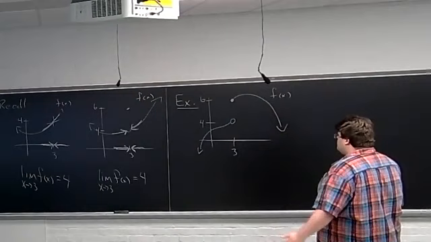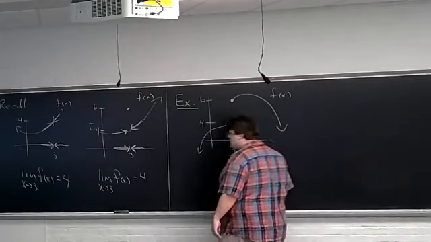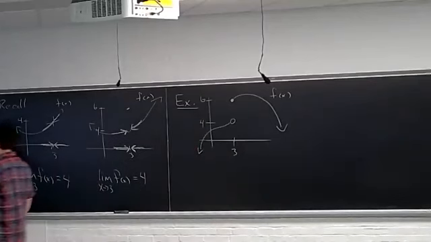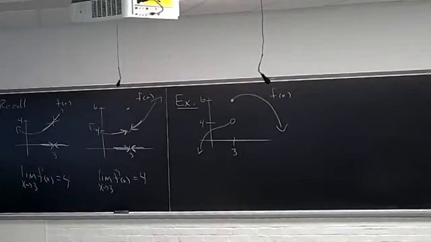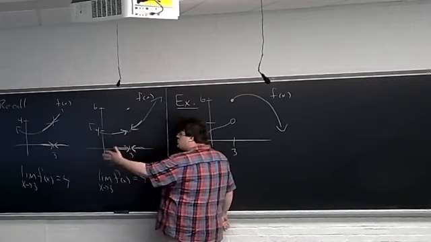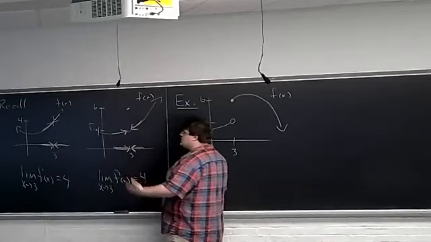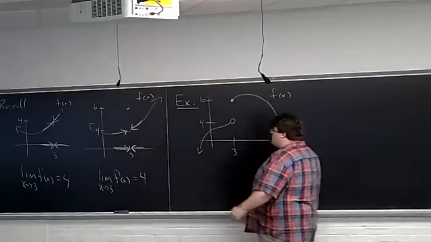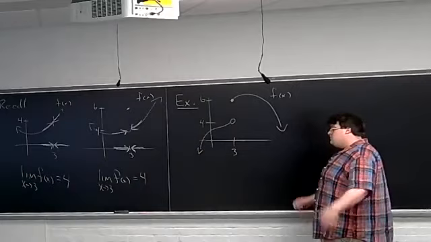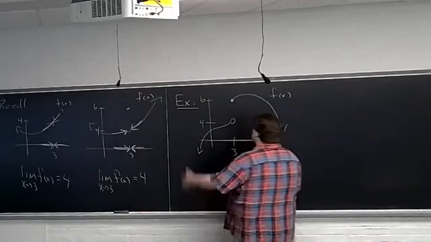Well, again, we have 2 ways to approach 3. I'm going to use the colors where they help. We have the left side of 3, we have the right side of 3. And in these 2 examples, what the function did on both sides of 3 was the same. Well, and in the definition of limit, we said if for any way you approach 3, you get the same y value, that's the limit. What happens here?